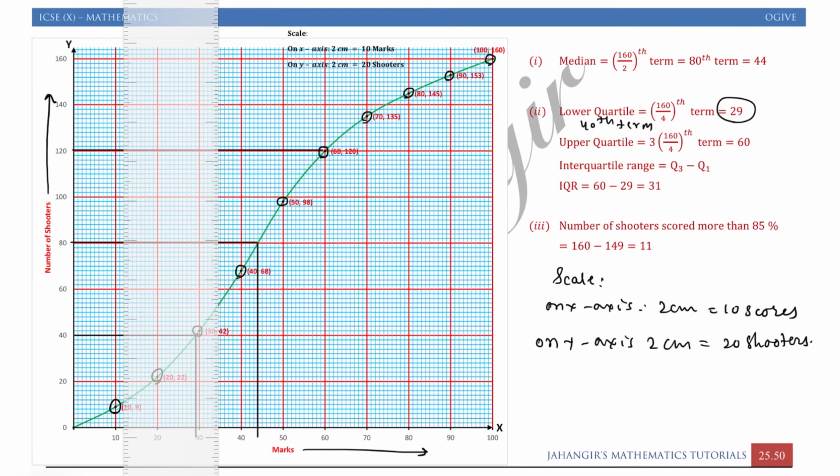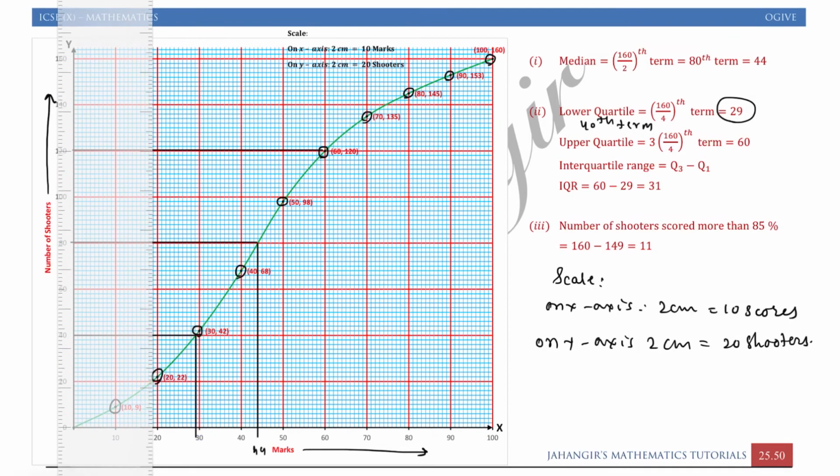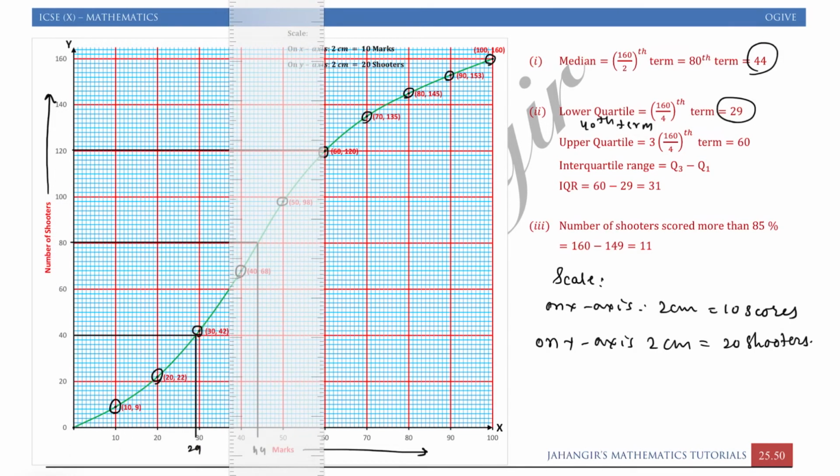Median is 44. This is 44. This was 29. Median is 44. And then upper quartile is 60. So we got all three values. Now we can find interquartile range, that is Q3 minus Q1. You can just subtract it.